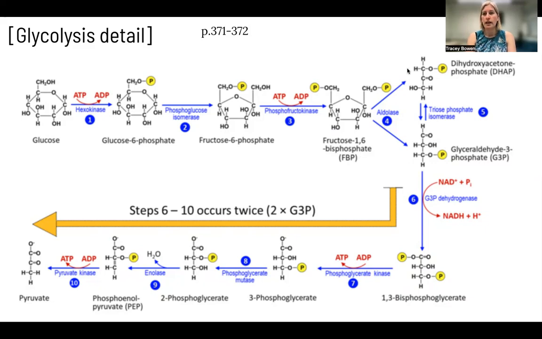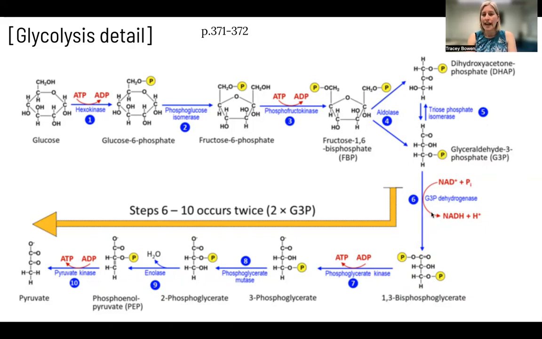Then this fructose 1,6-bisphosphate is going to restructure, and in that restructuring process, it's going to become G3P, glyceraldehyde 3-phosphate. You can see this molecule has a phosphate group on it.